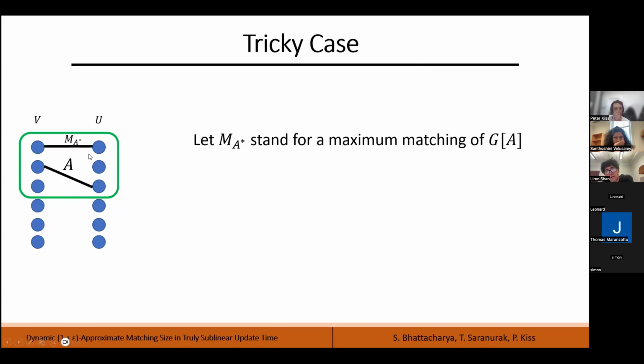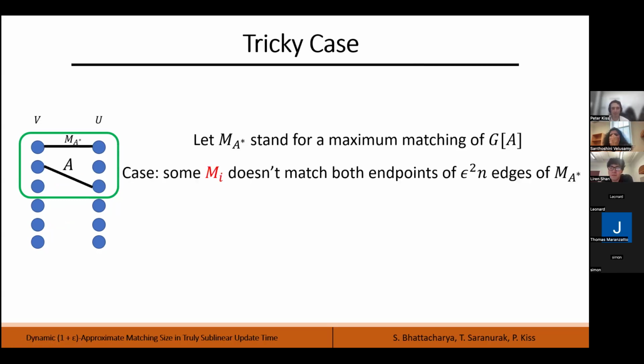Sorry, I think I should have called it M star A, not M A star, but never mind. So that's the maximum matching inside of A. We only know that this has some reasonable size, like this is not tiny. It's like epsilon n. And I will consider the following case. One of these matchings we calculated ignores both endpoints of some constant fraction of this black matching.